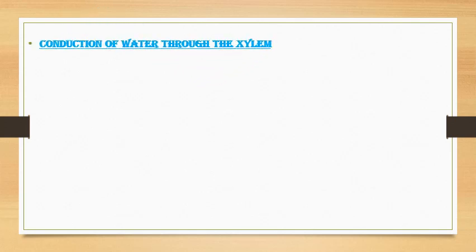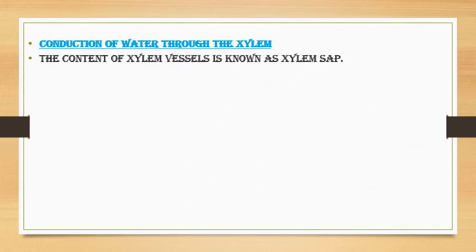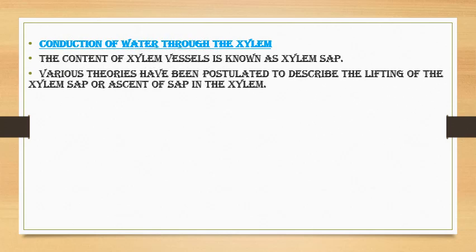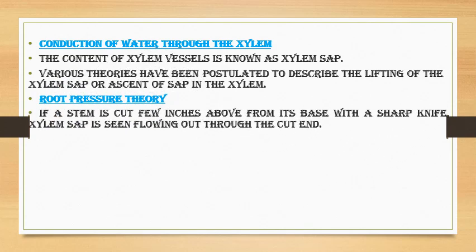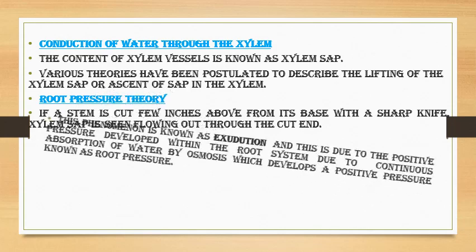So, conduction of water through the xylem. The content of xylem vessels is known as xylem sap. Various theories have been postulated to describe the lifting of the xylem sap, or ascent of sap, in the xylem. Root pressure theory: if a stem is cut a few inches above its base with a sharp knife, xylem sap is seen flowing out through the cut end.